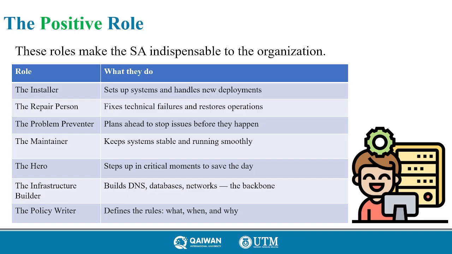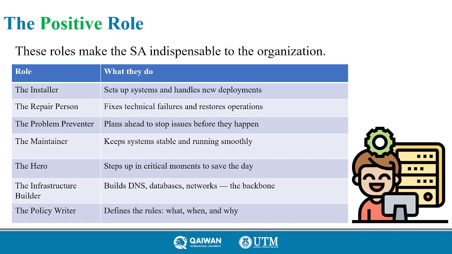This comes with experience. Once you have experience in a certain area, you can plan and make sure that a problem will not even happen, and know how to handle it. The maintainer keeps systems stable and running smoothly. The hero steps up in critical moments to save the day.